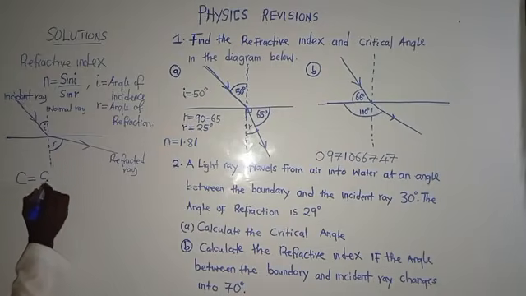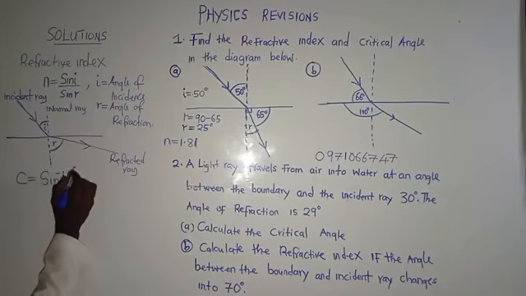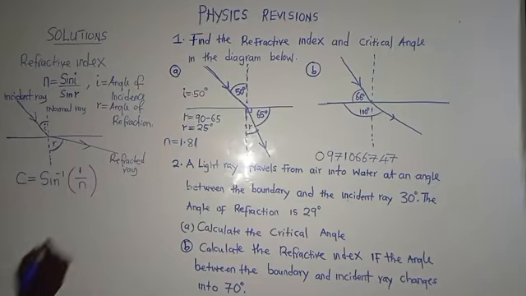Critical angle is equal to sine inverse of 1 over n. That is the formula we get to use if we want to find the critical angle.